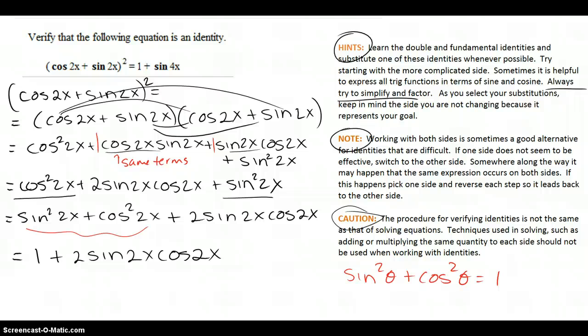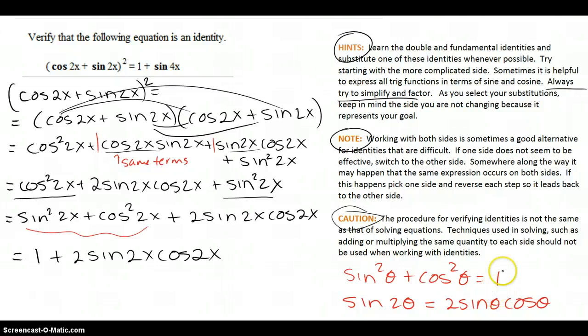If I can find 1, that's great. Okay, sine of 4x. What is that? Well, that's probably using the double angle, because we know that sine of 2 theta equals 2 sine theta cosine theta. So I could change this to 2 sine theta cosine theta, but if you notice, my goal is sine of 4x. It goes the other way around.